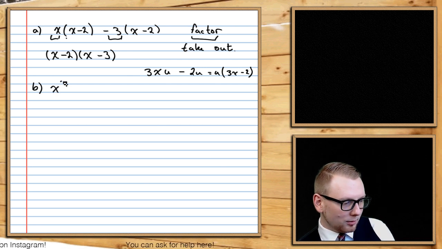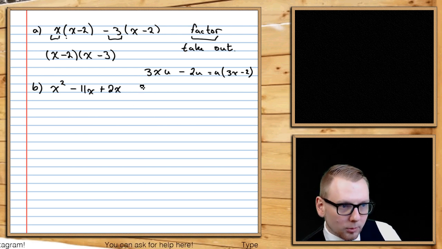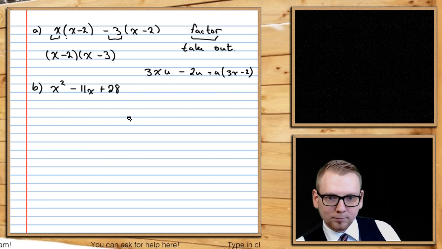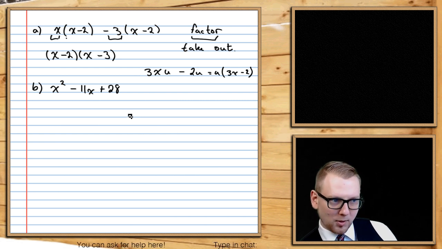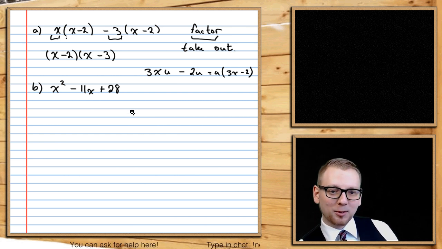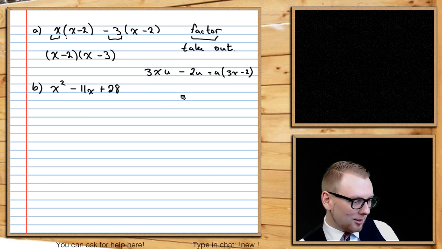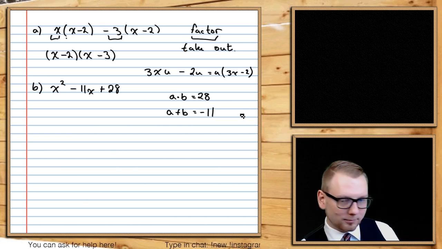We have x squared minus 11x plus 28. Right, 28. You're definitely on track. You know this stuff already. So what I like to write is two numbers, a times b, that's 28, and two numbers, a plus b, is equal to minus 11.